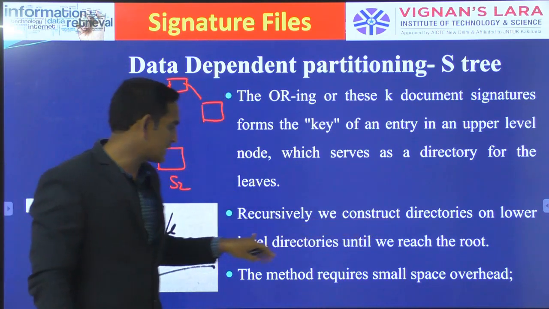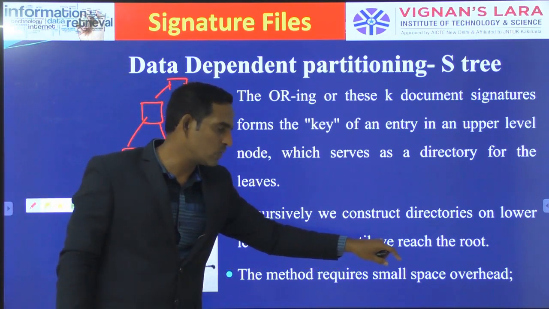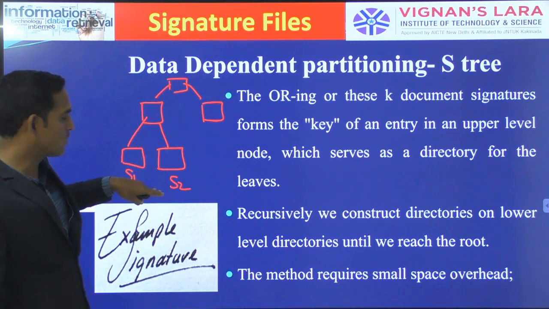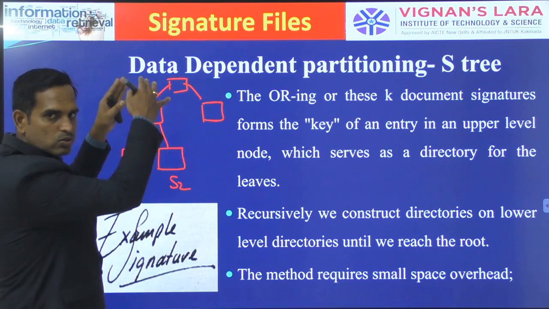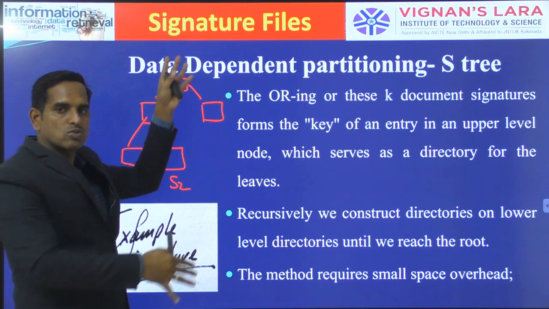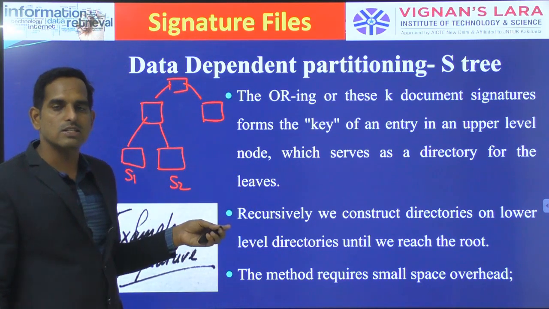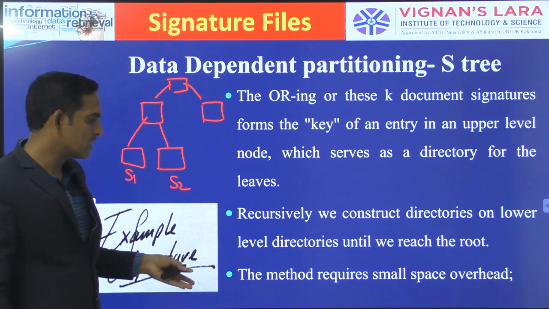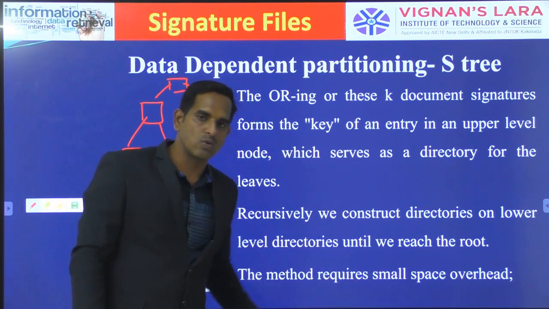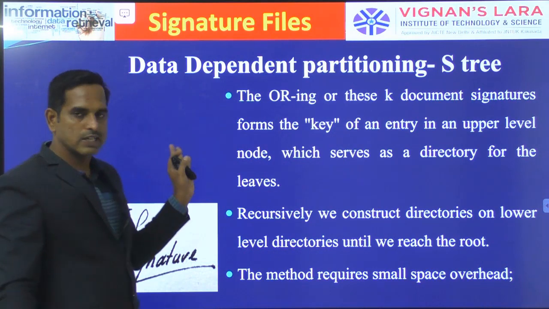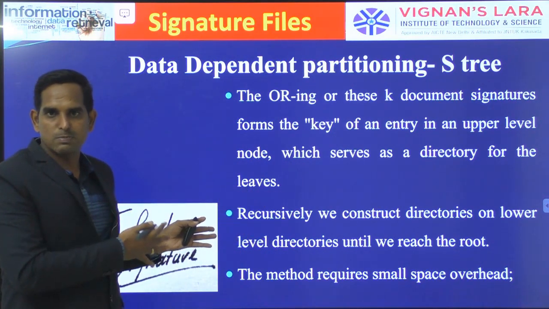Recursively, we construct directories on the lower level directories until we reach the root node. So we perform this ordering of signatures recursively to complete your B-tree, or since you are storing the signatures, the S-tree. The method requires small space overhead. Why?